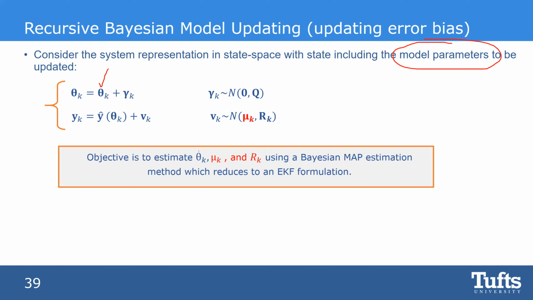And not only do I want to estimate theta, I want to quantify a time varying noise. So I want to estimate the mean of the noise, which is bias. So it's similar to the idea we had for hierarchical.